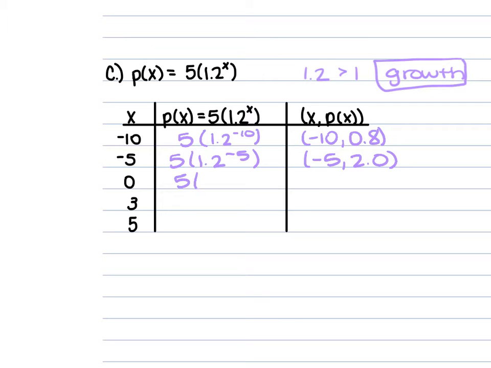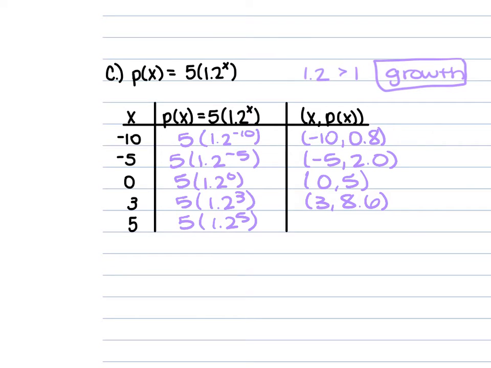For 0, that's 5 times 1.2 to the power of 0, which is 5 times 1, so that's just 5, so 0, 5. 5 times 1.2 to the power of 3 is 8.64, so that's going to be 3, 8.6. And then 5 times 1.2 to the power of 5 is 12.4. So that's 5, 12.4.